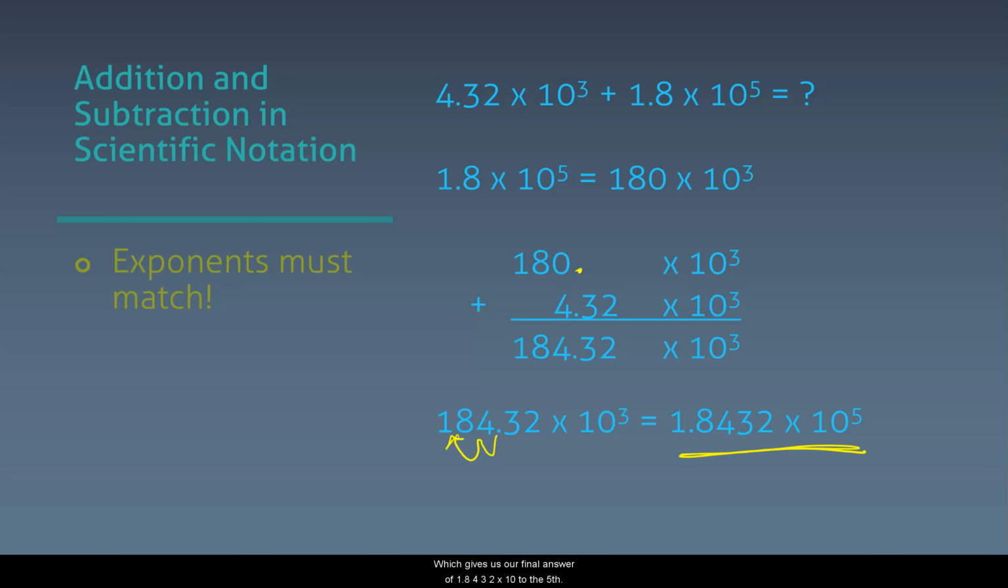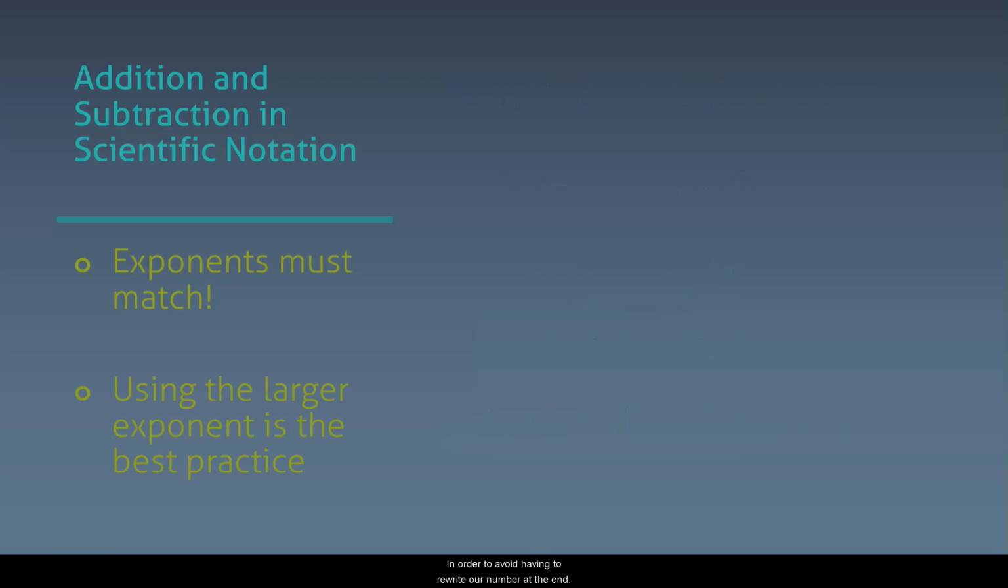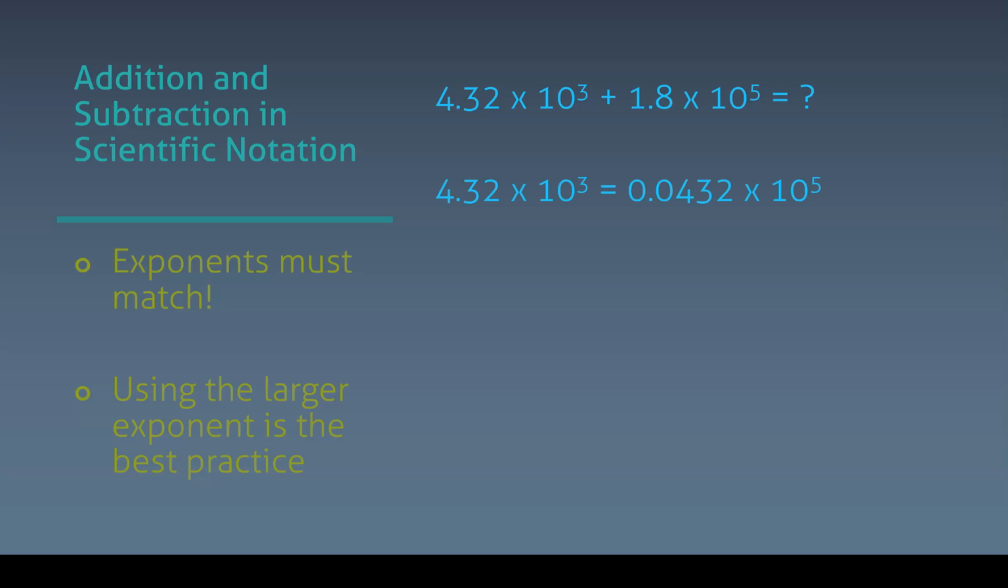In order to avoid having to rewrite our number at the end, if we convert both of our numbers to the larger exponent, it's going to simplify our final answer. So if we have the same addition problem, instead of converting our 1.8 times 10 to the 5th, we can convert our 4.32 times 10 to the 3rd.